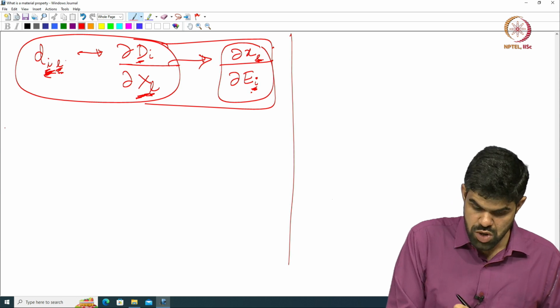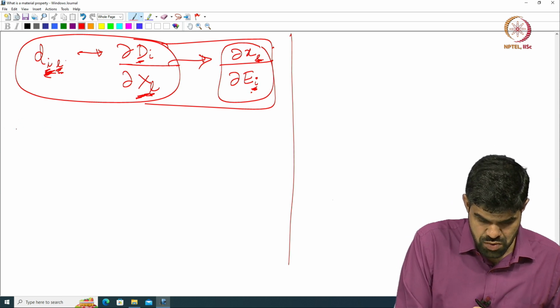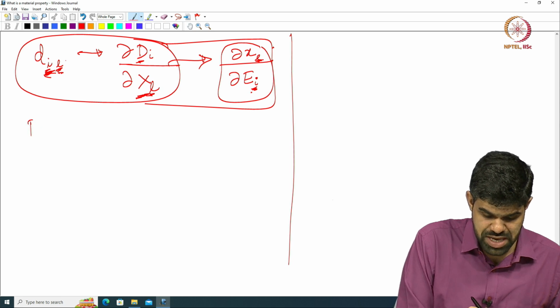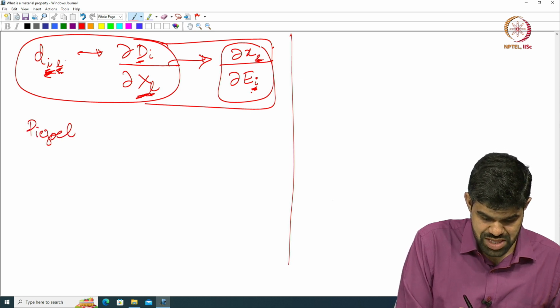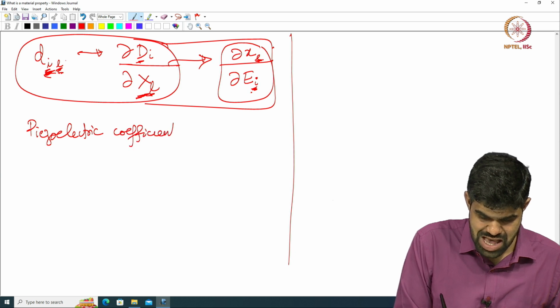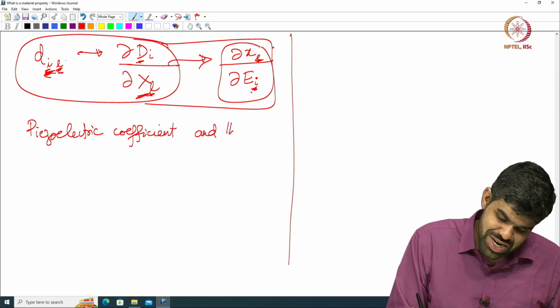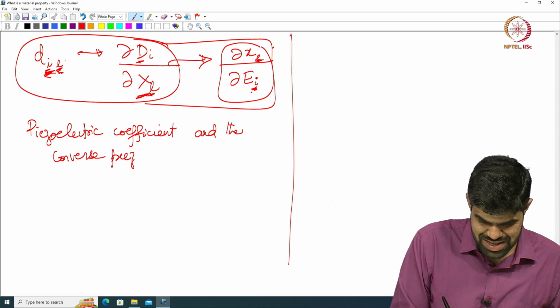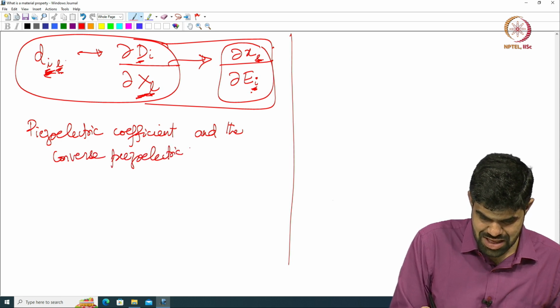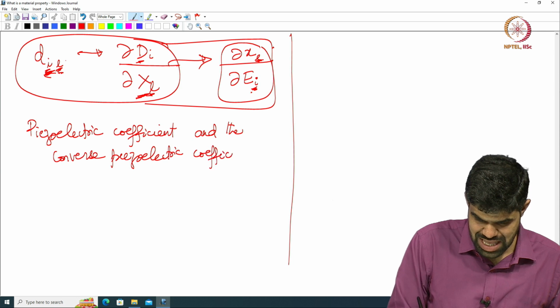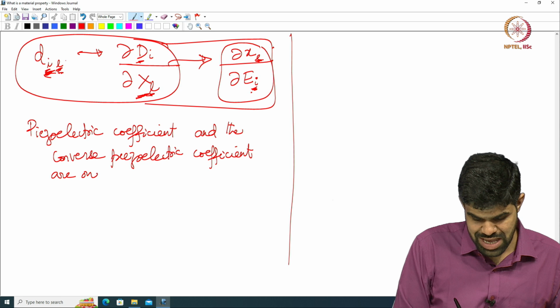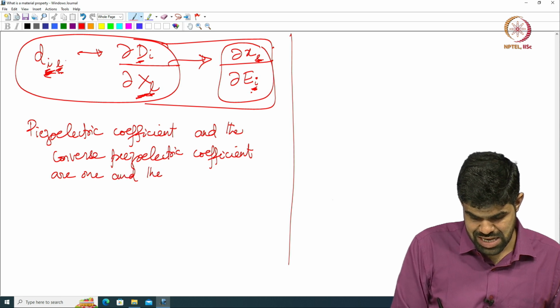Okay. So, what this has shown is what we have alluded to earlier, that the piezoelectric effect and the converse piezoelectric effect are one and the same.